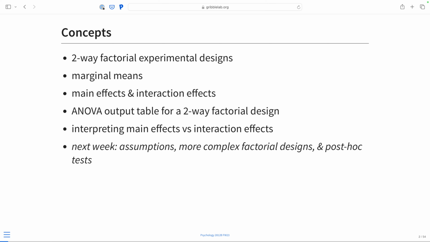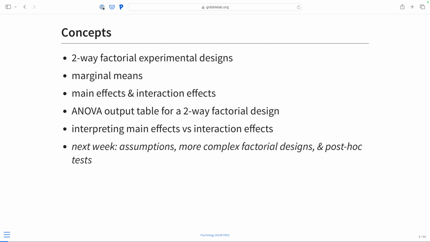We're going to talk about what marginal means are and main effects versus interaction effects when you have an ANOVA with more than one factor. We're going to see what an ANOVA output table looks like for a two-way factorial design, and we're going to talk about how to interpret main effects versus interaction effects.